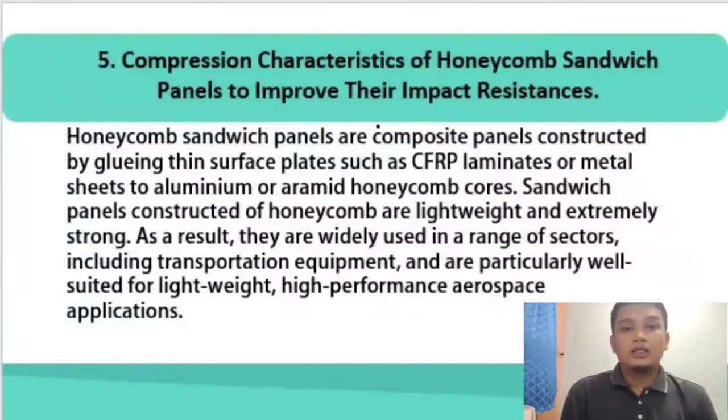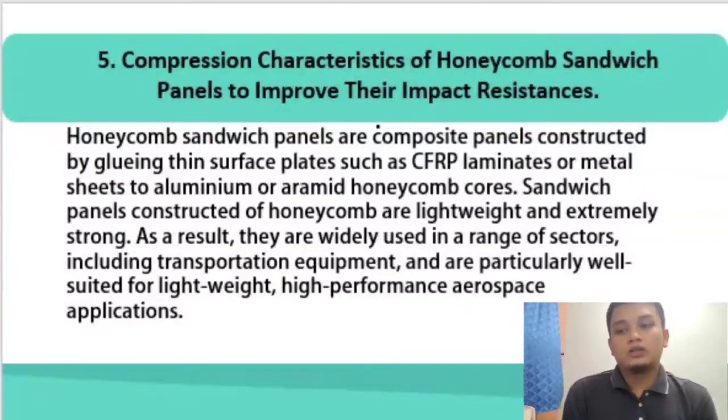The last literature review is about compression characteristics of honeycomb sandwich panels to improve their impact resistance. Honeycomb sandwich panels are composite panels constructed by gluing thin surface plates such as CFRP, laminates or metal sheets to aluminium or aramid honeycomb cores.